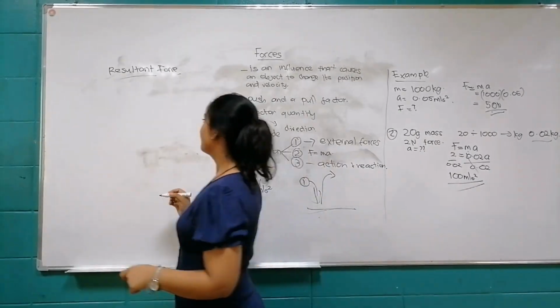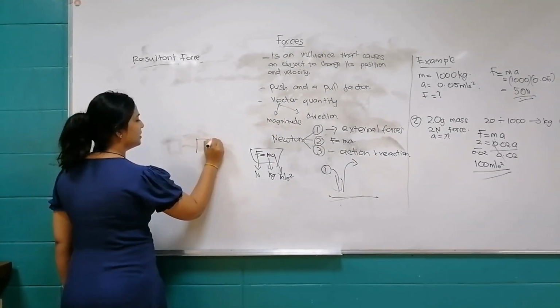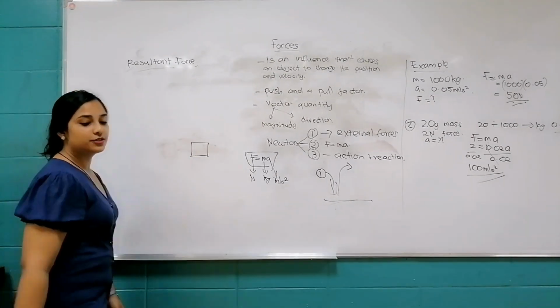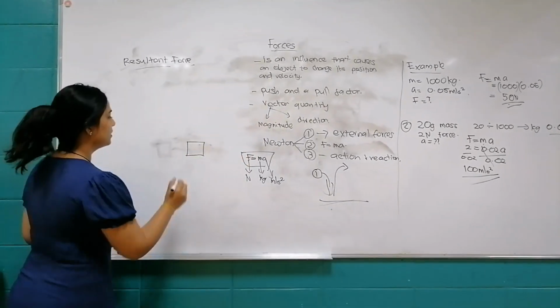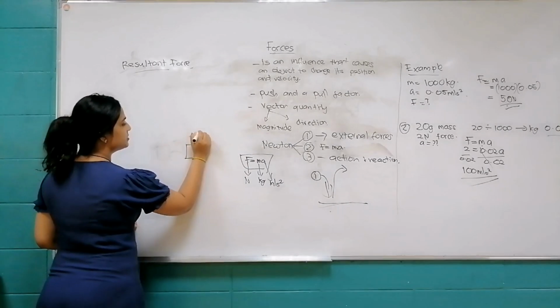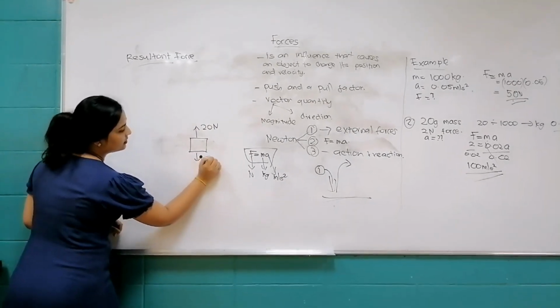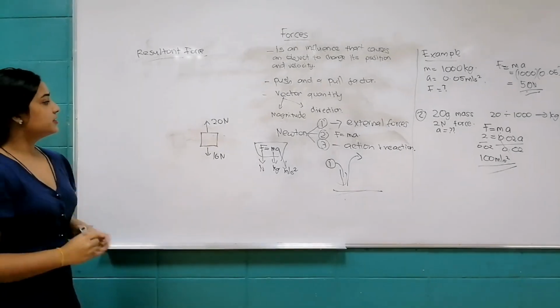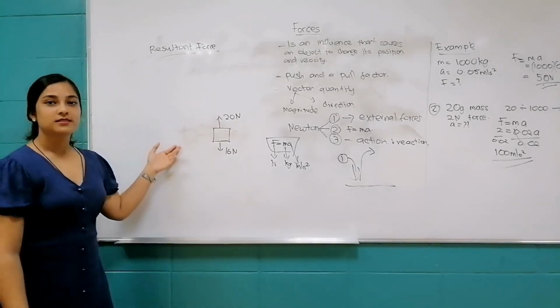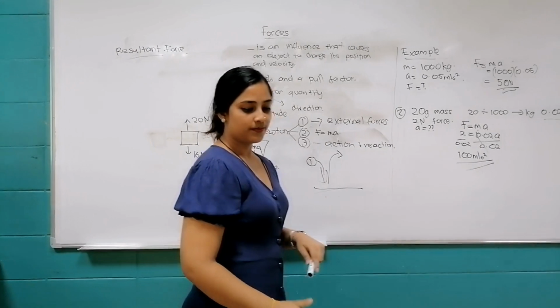For example, if I have an object over here and a force of 20 newtons acts upwards and a force of 60 newtons is acting downwards, we can manipulate these two forces into one. That is a resultant force.